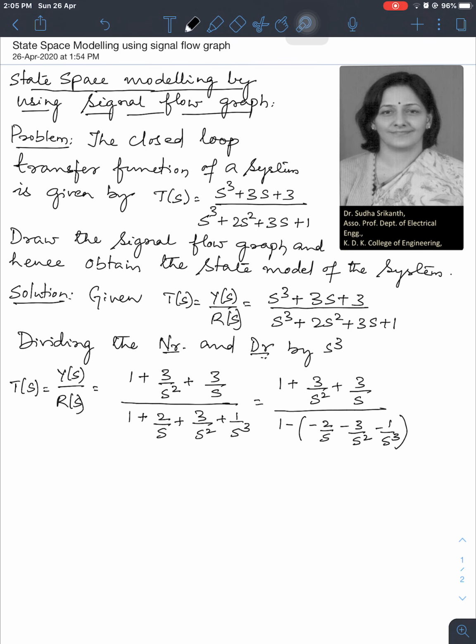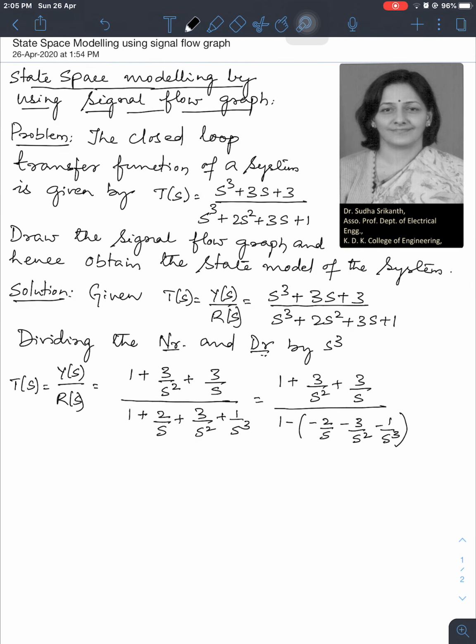Alright. Now, if we remember Mason's gain formula, it gives the overall transfer function T(s) equal to sigma Pk delta k divided by delta, with k equal to 1 to N, where Pk is the gain of the kth forward path.